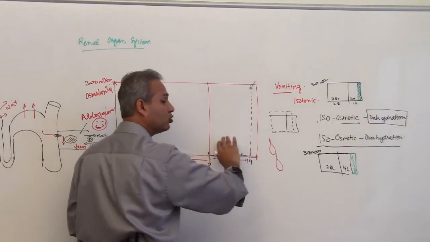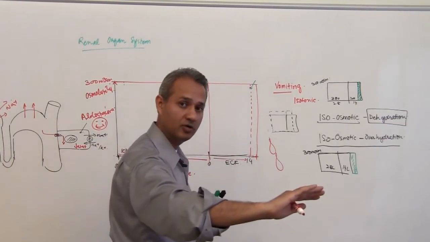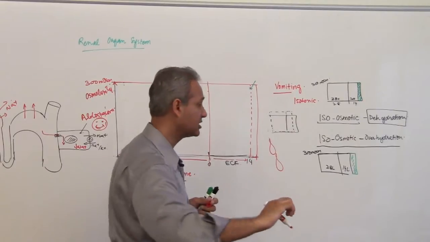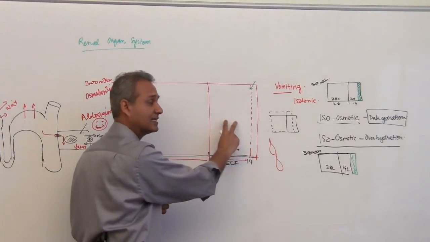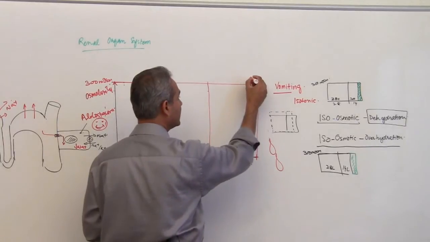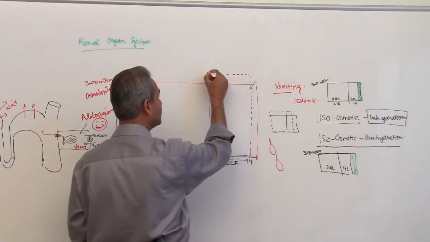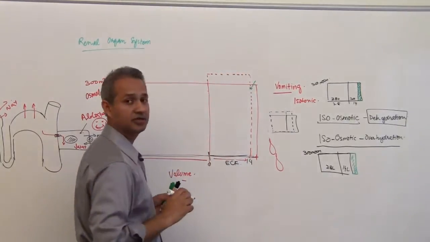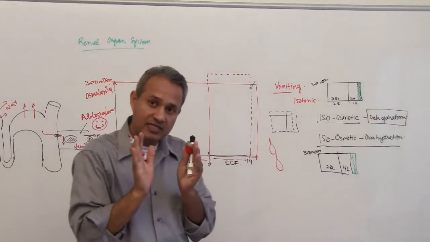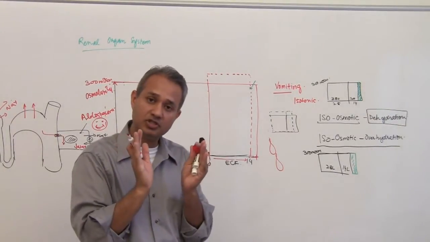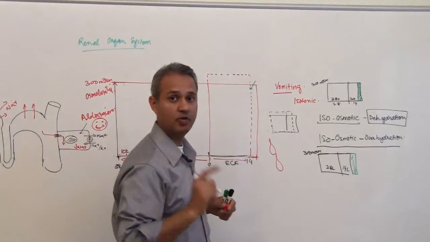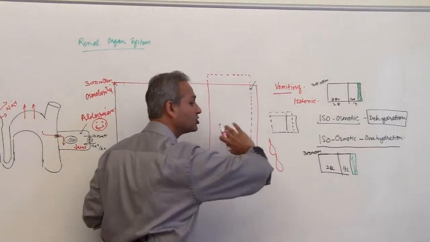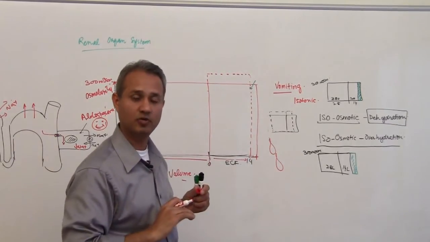Now, because an equal proportion of solutes did not go out, the relative solute concentration is increased in here. So I would say osmolarity in the ECF has increased. The size of the ECF has shrunk, volume has shrunk, but osmolarity has increased. Why? Because a proportionate amount of solutes are not thrown out.